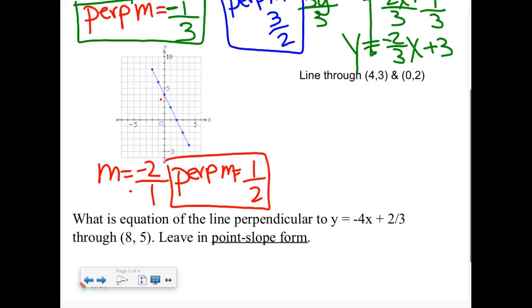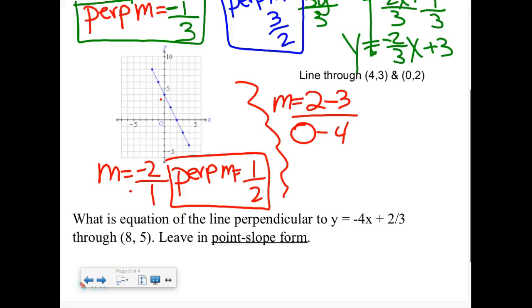Finally, again, if I'm given 2 points, I know that means that I have to find slope, and we're going to use our slope equation. So I'm going to have m equals, on top, we are going to have 2 minus 3. On bottom, I have 0 minus 4. On top, we're going to have -1, and on bottom, we're going to have -4.